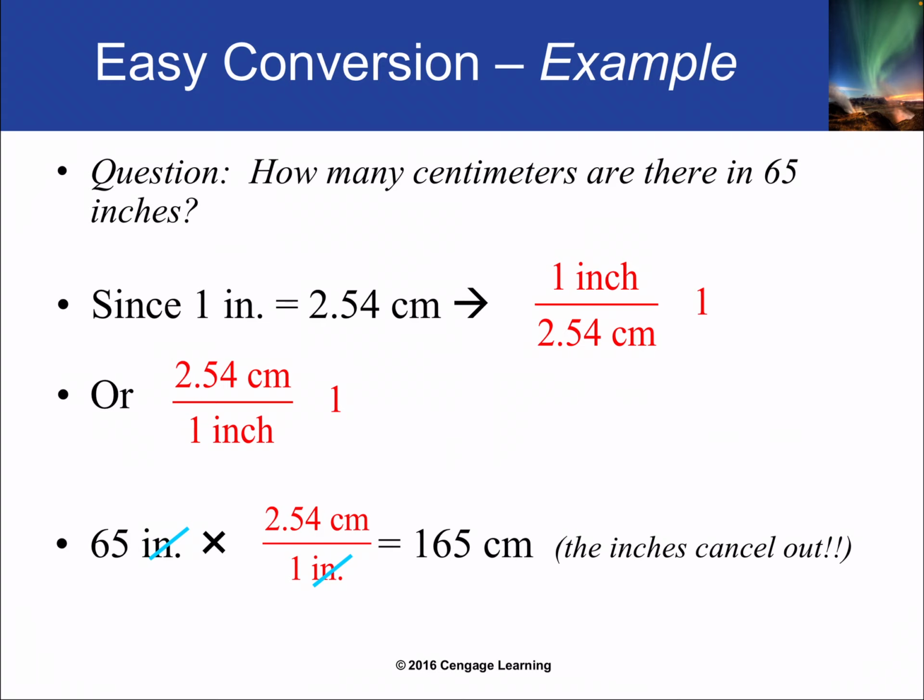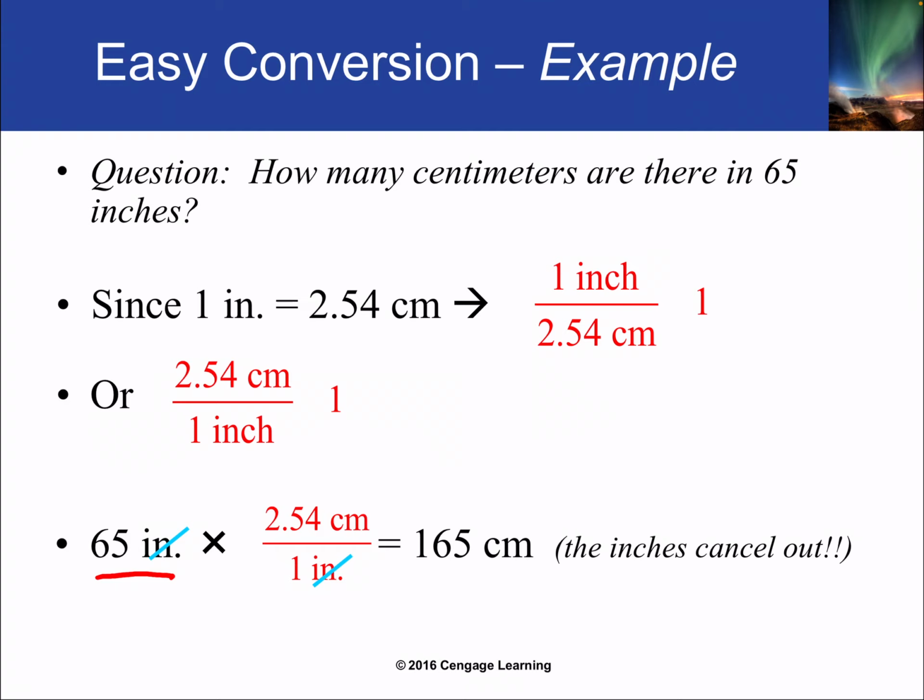You always want to write what you need to convert first. So in this case, it's 65 inches. That's going to be the first thing you write. 65 inches can never change its orientation, meaning it cannot ever go on the bottom. It has to stay on the top. Now your conversion factors, though, could, depending on what you have to convert.